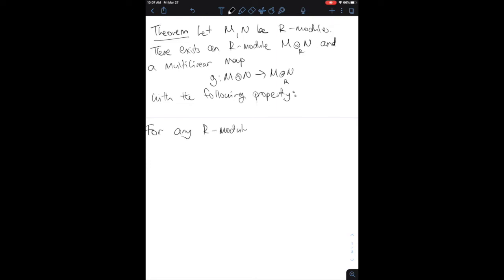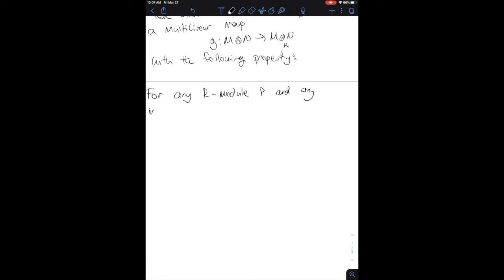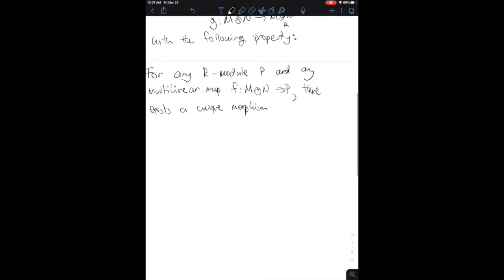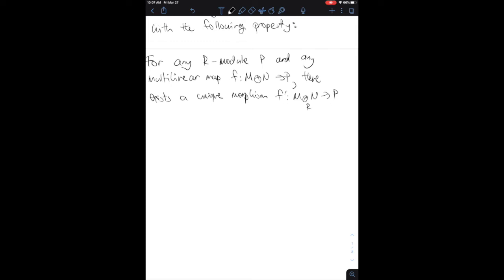So for any R module P, and any multilinear map F from M plus N to P, there exists a unique morphism F prime from the tensor product to P such that F factors through F prime.